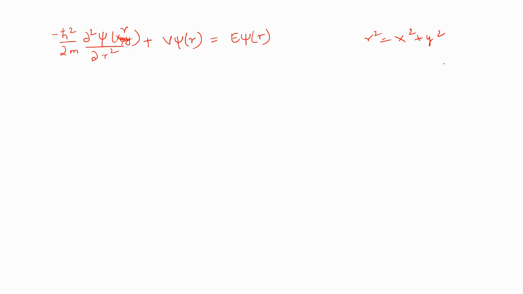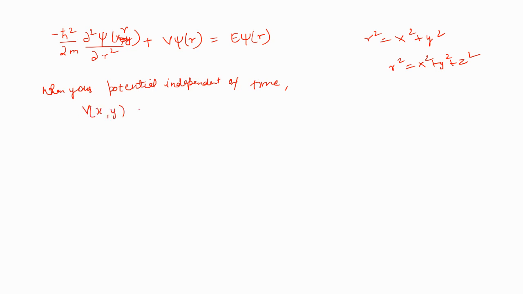If in the question they ask for three dimensions, you will write r squared is equal to x squared plus y squared plus z squared. But in the question it is 2D, so we'll solve this, and it's a very easy equation. When your potential is independent of time, you can write V of x, y is equal to Vx plus Vy, and the same goes for energy.